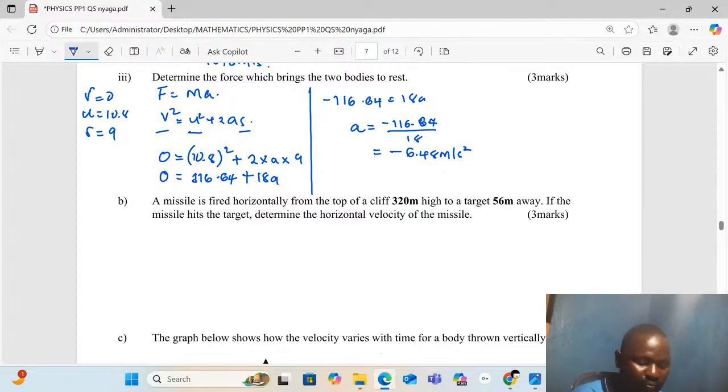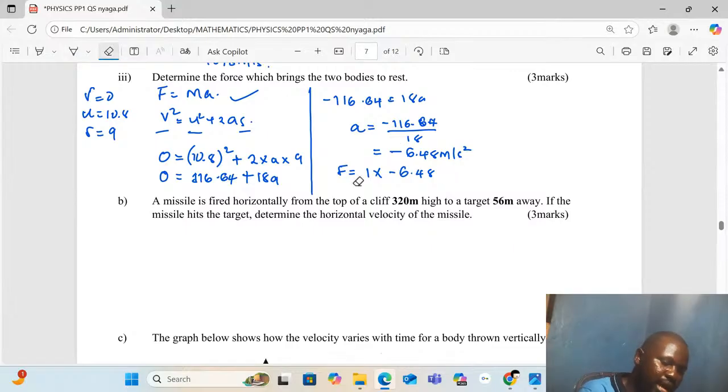That is our acceleration. So now we substitute this A into this formula. So our force now becomes a mass of 1 kg, because it was 976 grams plus 24 grams. So it is a mass of 1 kg times negative 6.48 meters per second squared.